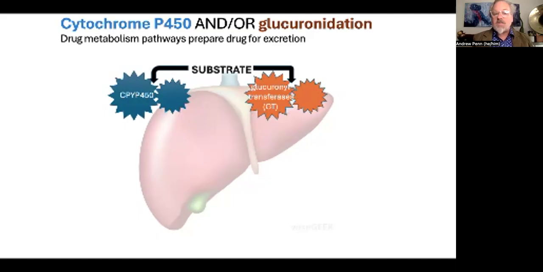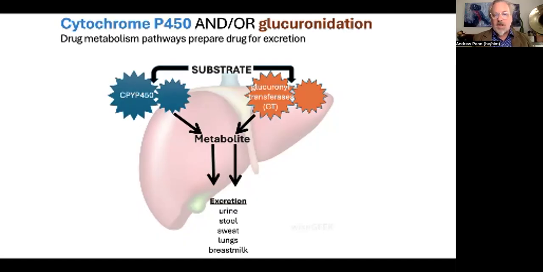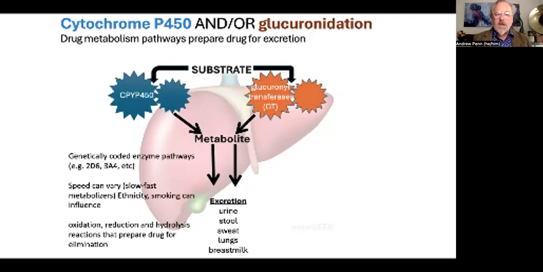But regardless, what comes out the other side is known as a metabolite. Metabolites can be active, meaning that they actually work on receptors, or they can be inactive, meaning they don't activate receptors. Either way, they're made more readily excreted in the urine, stool, or other forms of excretion, but largely urine.